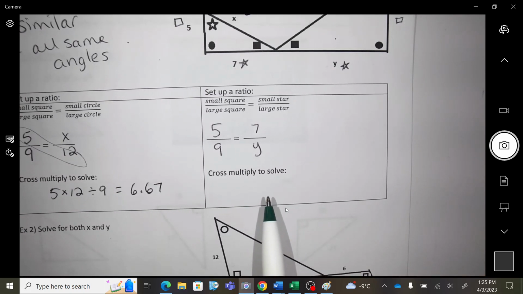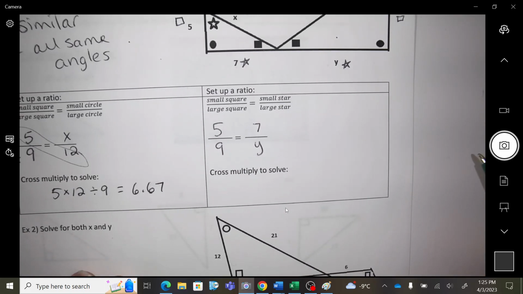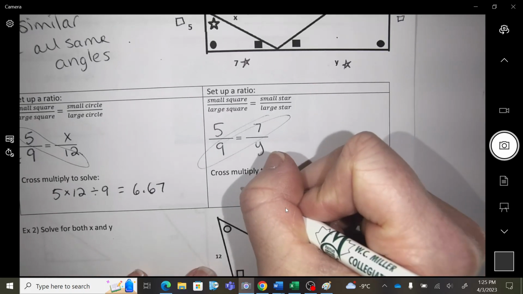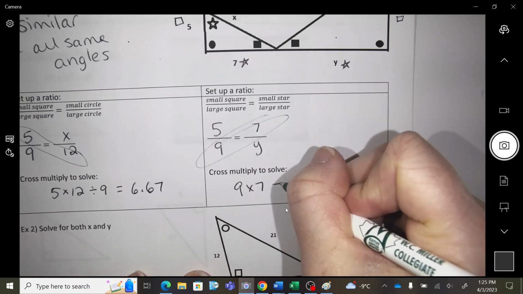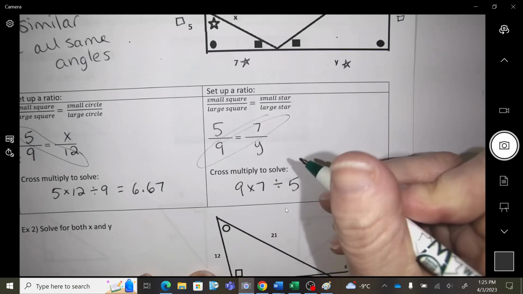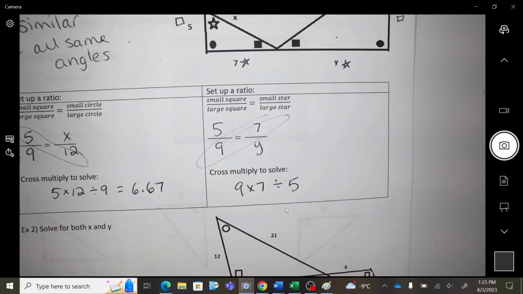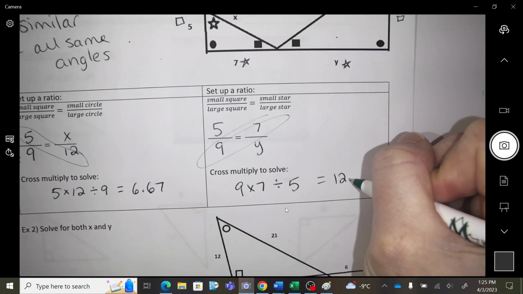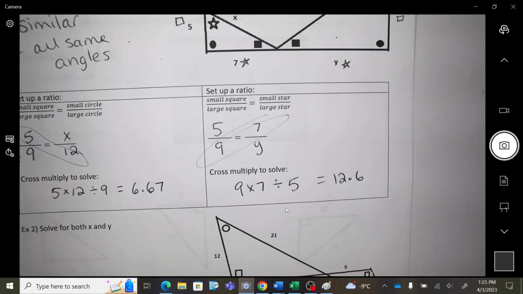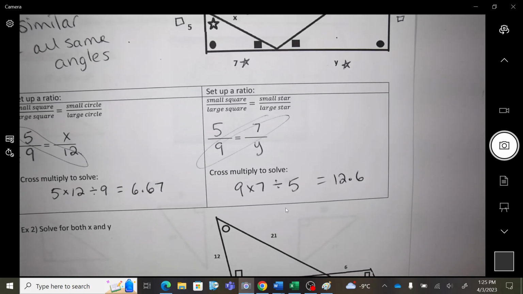Does that make sense how I did it? Which two numbers would you multiply and which one would you divide? 9 and 7 and divide by 5. It has to times on a diagonal, so 9 times 7 divided by 5. So 12.6 is the side y.